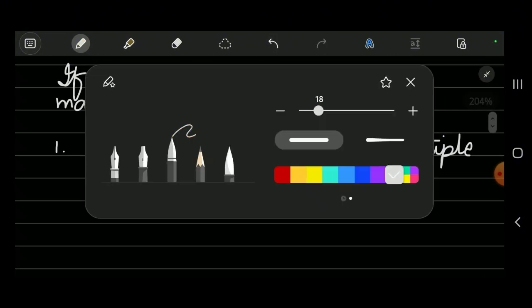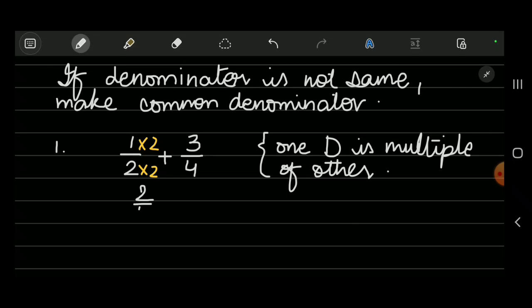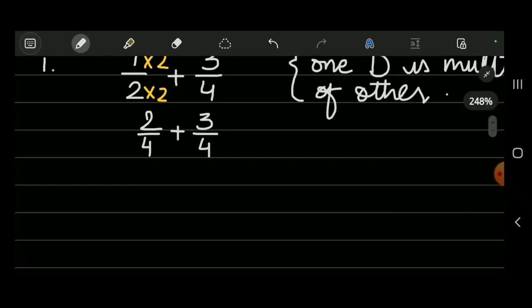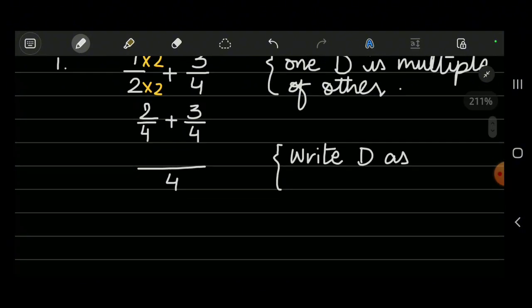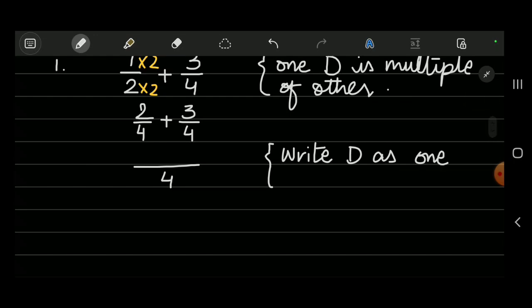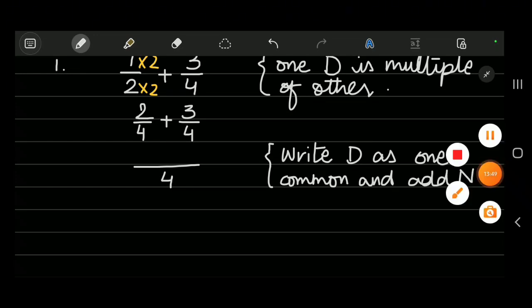Now we will get 2 by 4 plus 3 by 4. Now you can add. You are not going to add the denominators, you just write the common denominator as 4 and add the numerators.